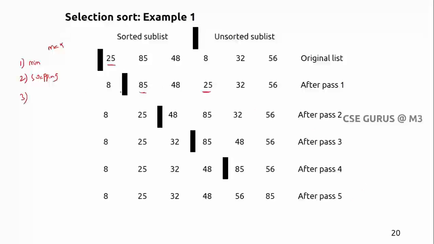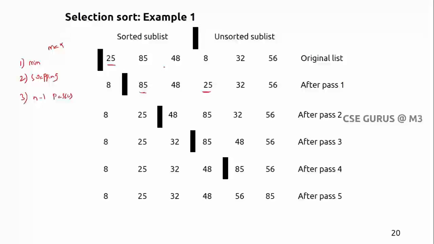That means if there are n elements, you require n minus 1 passes. That means for the last element, of course, a pass is not required, right? If there are 20 elements, at most 19 passes are enough. Is that right?